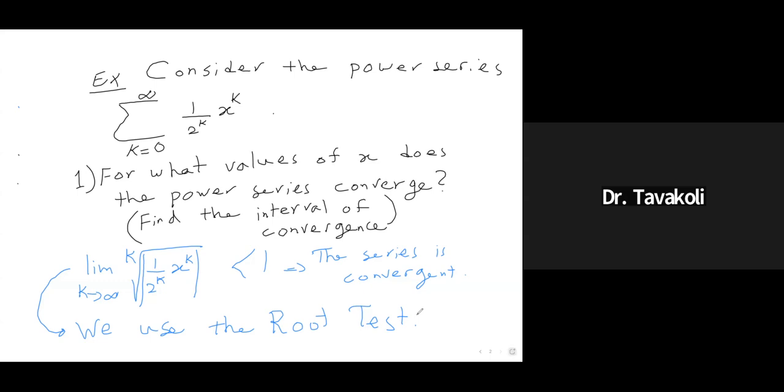Let me repeat that on the next page. The limit as k tends to infinity of the kth root of the absolute value of 1 over 2 to the power of k, x to the power of k, must be less than 1.